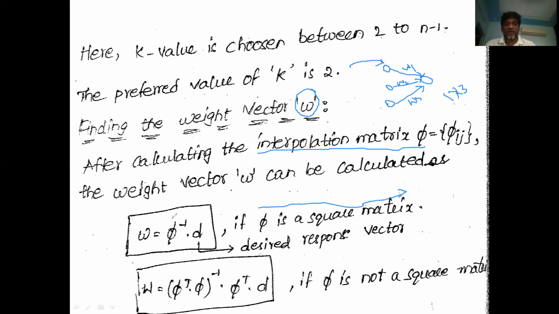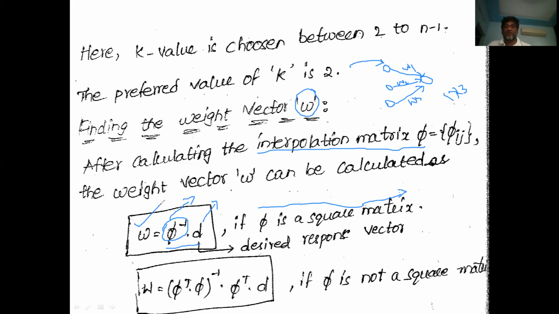Phi is the interpolation matrix, and assuming it is a square matrix, you calculate the phi inverse and then multiply it with the desired response vector D. Once you multiply this, you will get the weight vector W.